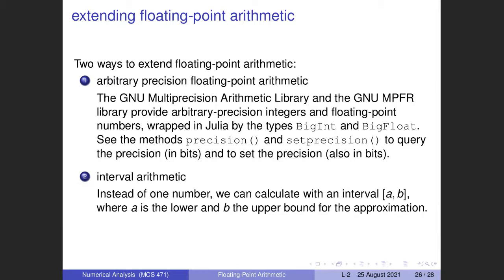So we have the hardware supported arithmetic, and one can say that numerical analysis is confined to the hardware arithmetic. This is a very strong point of view. One can often extend the precision, extend in both ways. So you can restrict your precision to 4 bits.